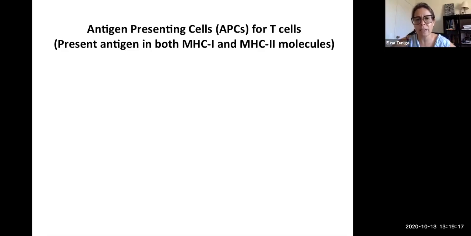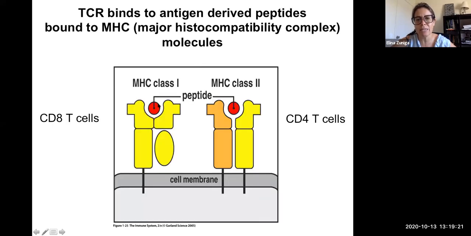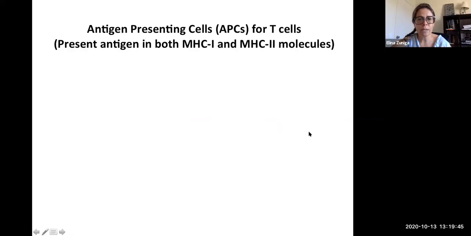So any cell in our body has MHC class 1 molecule and can present antigens to CD8 T cells, okay? But only professional antigen-presenting cells, what we call antigen-presenting cells, display MHC class 1 and MHC class 2 molecules so they can engage CD8 T cells and CD4 T cells.